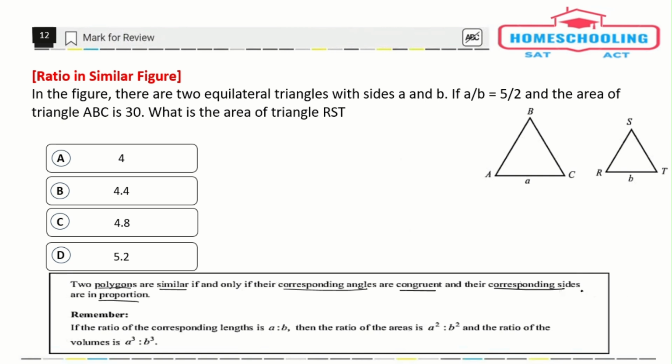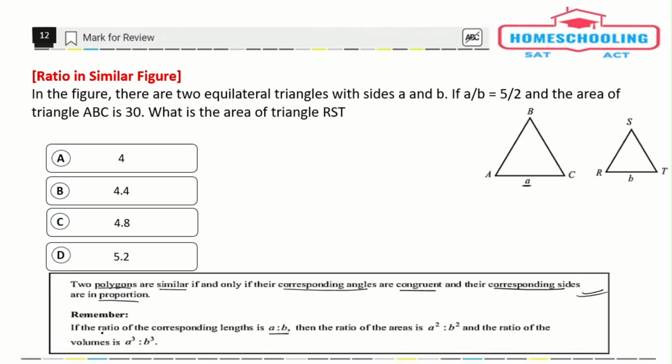We have read this in the triangle chapter. If the ratio of their corresponding lengths is A and B, as we can see here, there are two equilateral triangles, and because both of them are equilateral, all their angles would be 60 degrees. So the corresponding angles are congruent, and both of them are similar triangles.